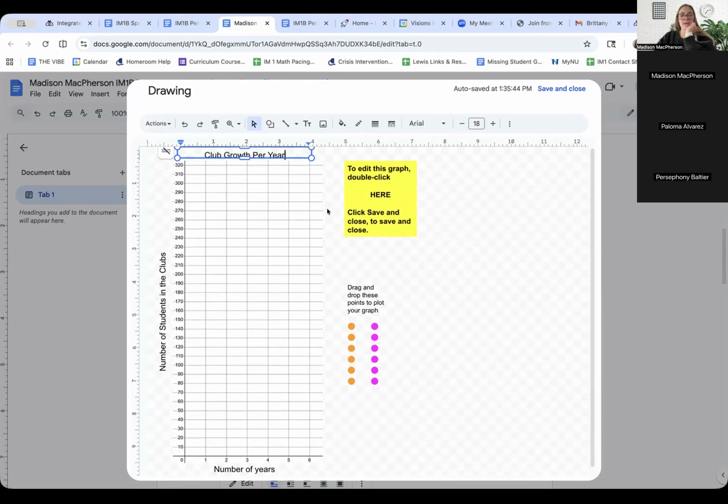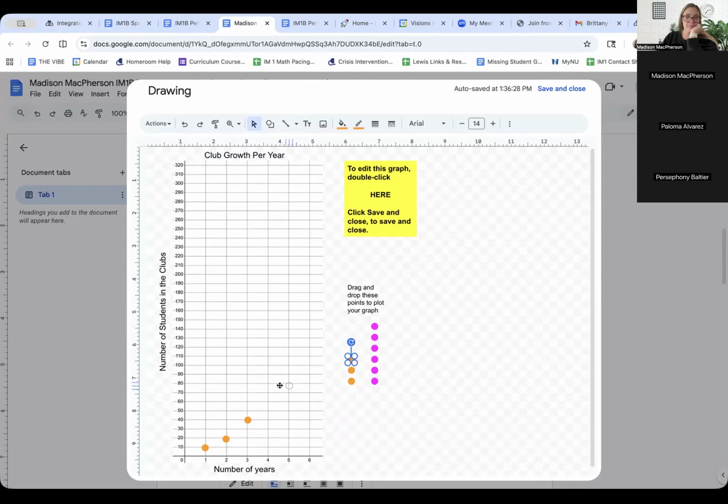So I'm going to start by making the orange dots represent the Key Club, the one that was doubling. Looking at our table, on year one, the Key Club had 10 students. So we're going to go year one, 10 students. Year two, we doubled, remember? And so then we had 20 students. Then we doubled again for year three, and that set us at 40 students.